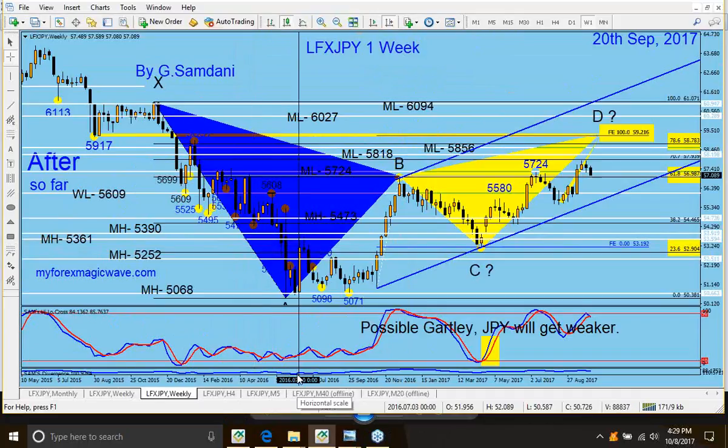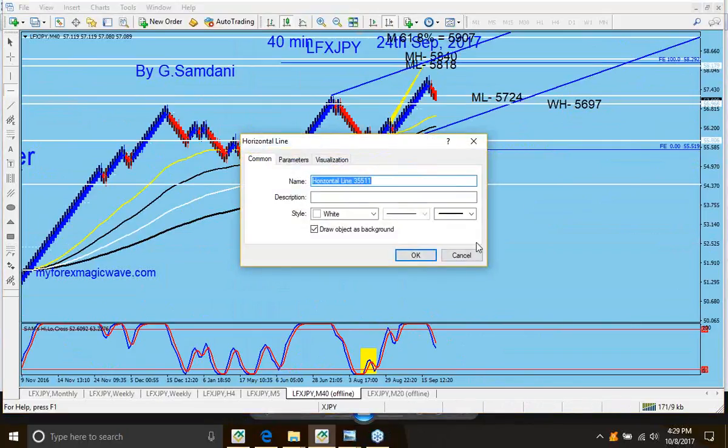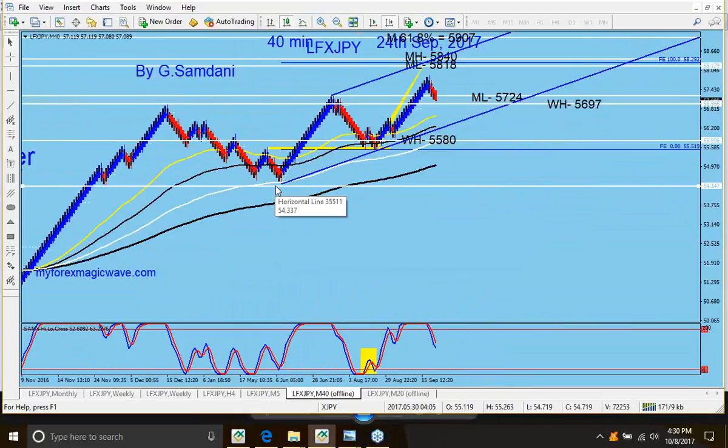See this low here, 54.34. If you draw here, 54.34 is this. So you see, from the 56.97 number it came down, held this number, and went up again.